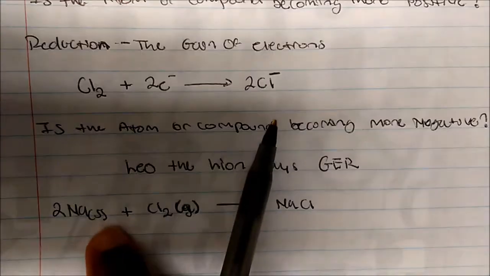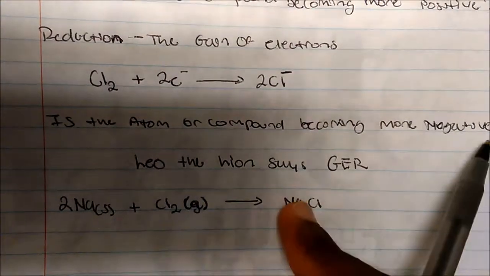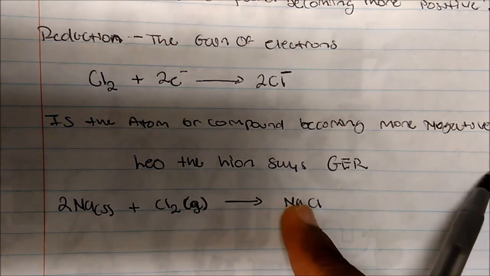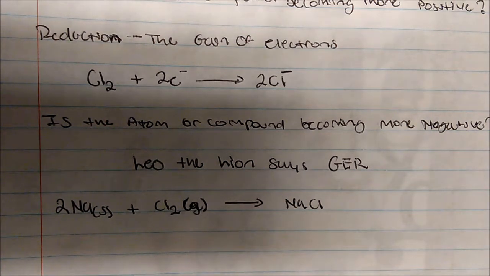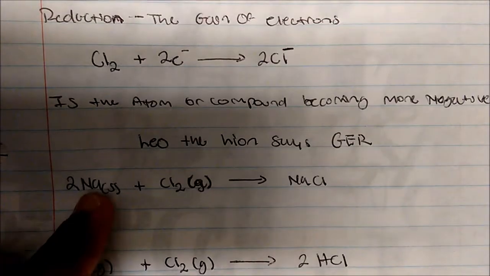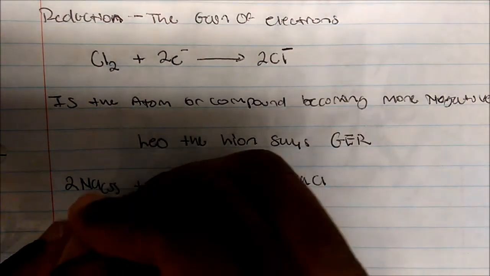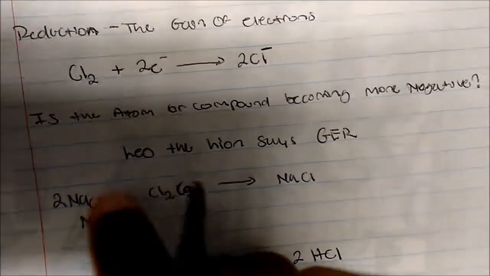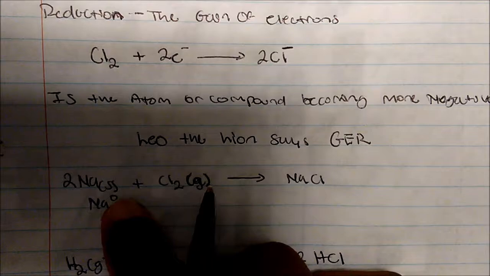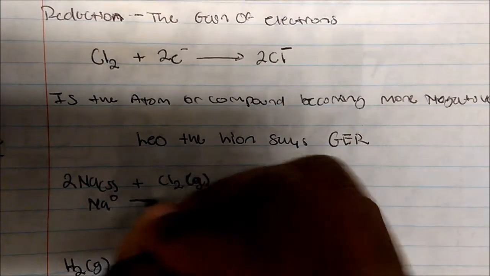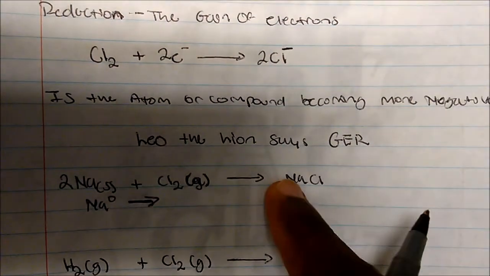We have sodium metal plus chlorine gas, and we get sodium chloride. My question here is which one is being oxidized and which one is being reduced? Well, if I look at the reactant, what's the charge on sodium? The charge on sodium is zero because it's a solid in its natural state. And the charge went from zero to, now look, we have sodium chloride.